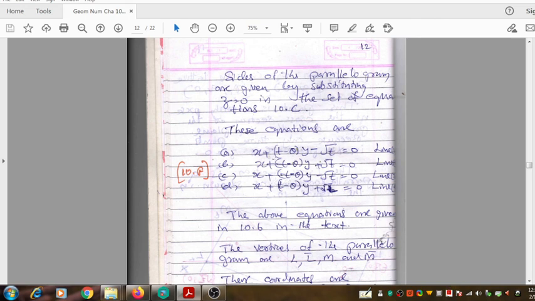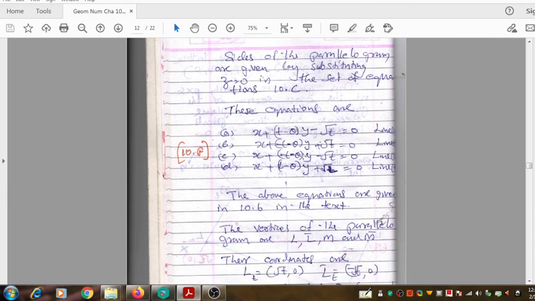Thus we get only 2 equations from the 4 equations. All 4 equations reduce to 2 different equations when we substitute q equal to 0.